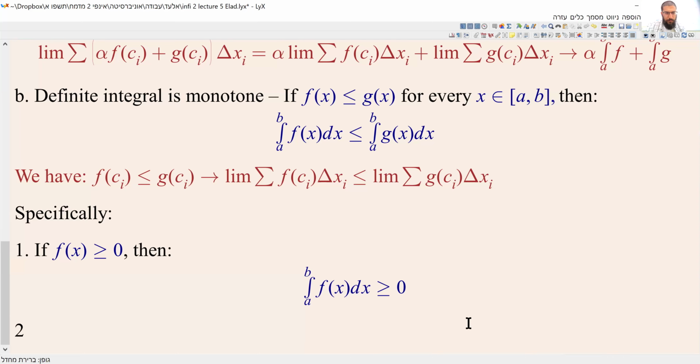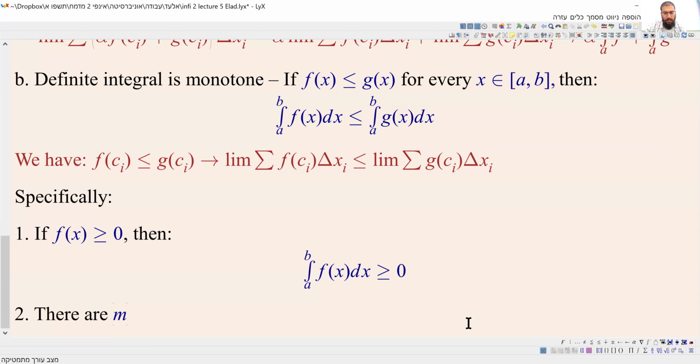Secondly, we know that f is bounded. So there are little m and big M such that f is bounded between them. I mean, f is integrable, so it is bounded.